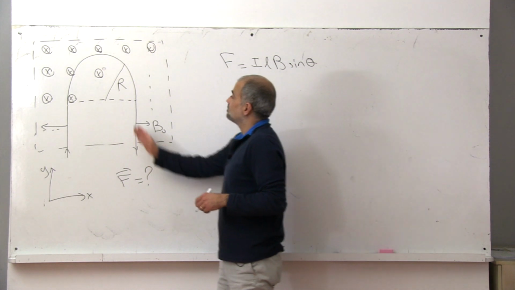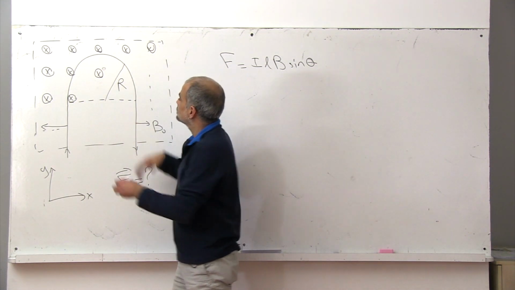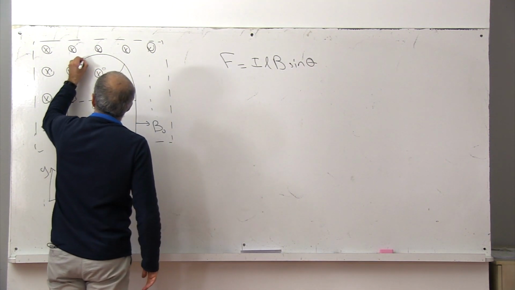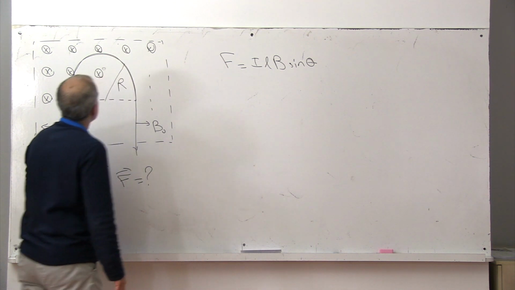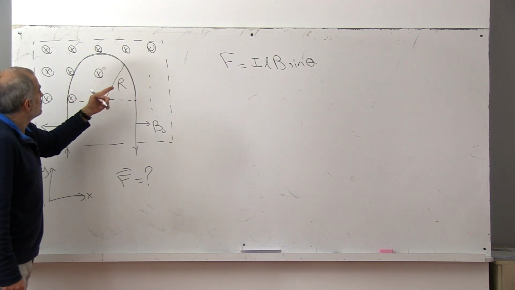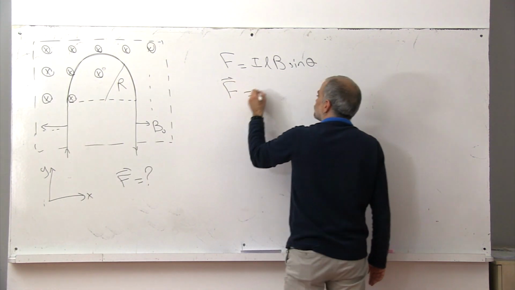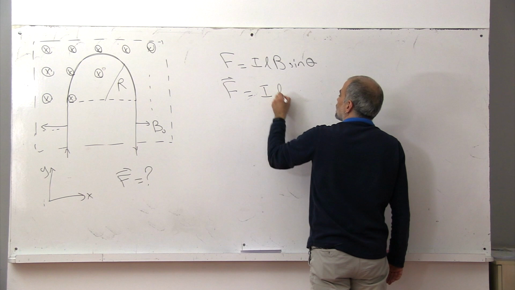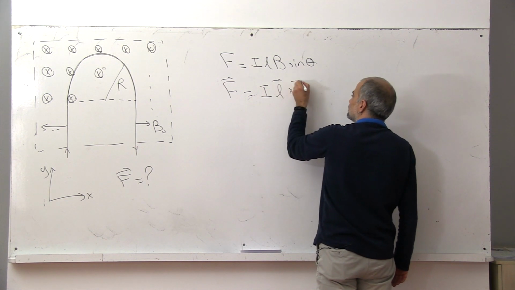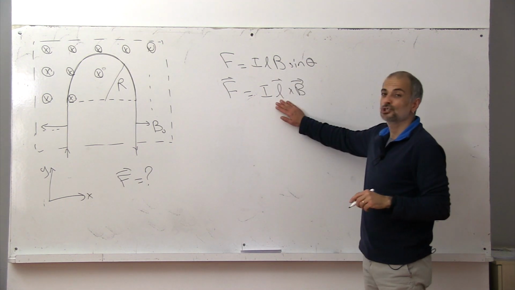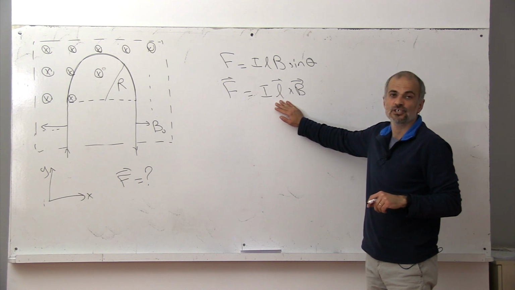Now we see that along this segment, the direction of I, L cross B, the direction of L is constantly changing.